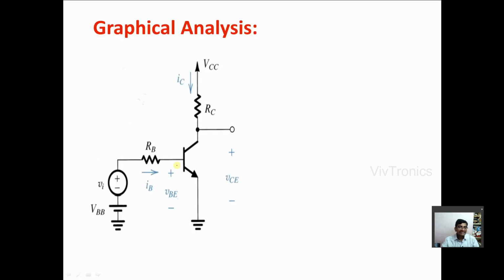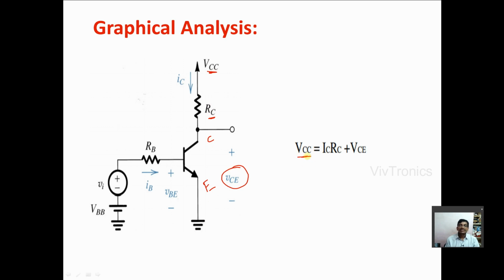Let us see the graphical analysis. This is the circuit we are going to use. Here I am going to apply KVL to the output side loop. The applied voltage VCC is equal to the drop in the resistor RC plus the voltage across the collector to emitter terminals, which is VCE.